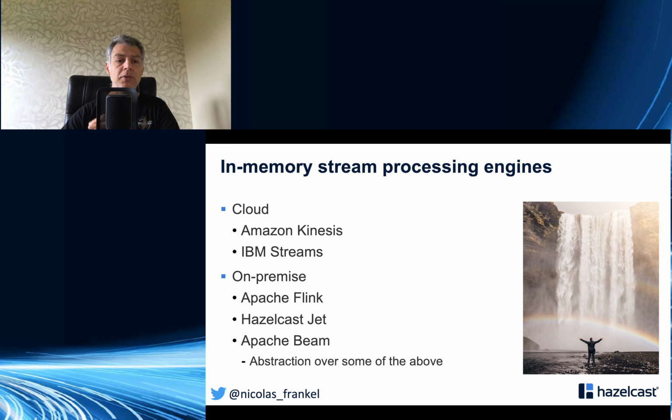A special mention to Beam because it tries to abstract the implementation-dependent processing engine. Of course, it's a leaky abstraction because there is no standard in this domain, so it's an afterthought that tries to take the common part of all engines and make an abstraction on top of them. It's a good effort, I think, but it's very leaky.